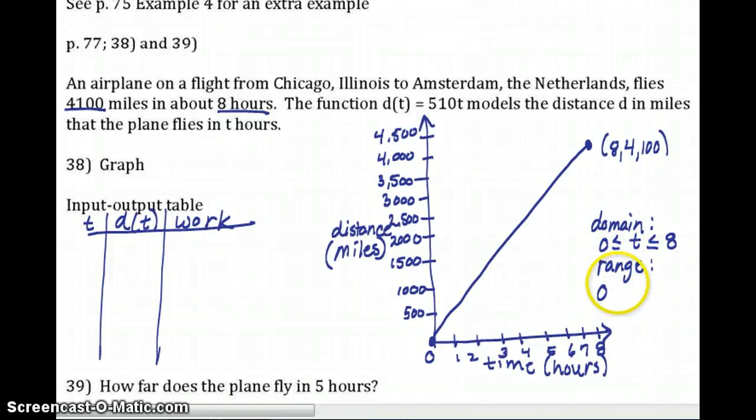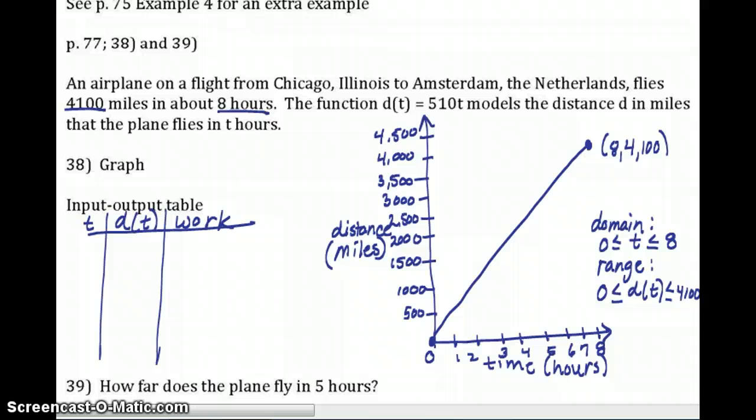You're sitting on the tarmac, you haven't gone anywhere. And that's d of t are going to be up to 4,100, because the plane isn't going to fly past Amsterdam. So that's why this is a segment and not a ray.